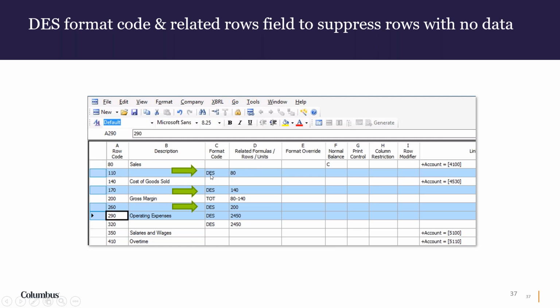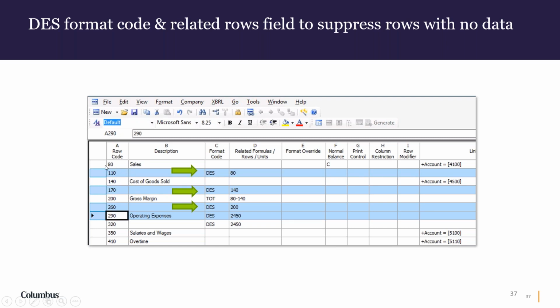So what you're doing is you're relating this description to another row. So in this case, if we wanted to set up our report so that only the rows that actually have values display, but we've got these blank spaces between the rows.